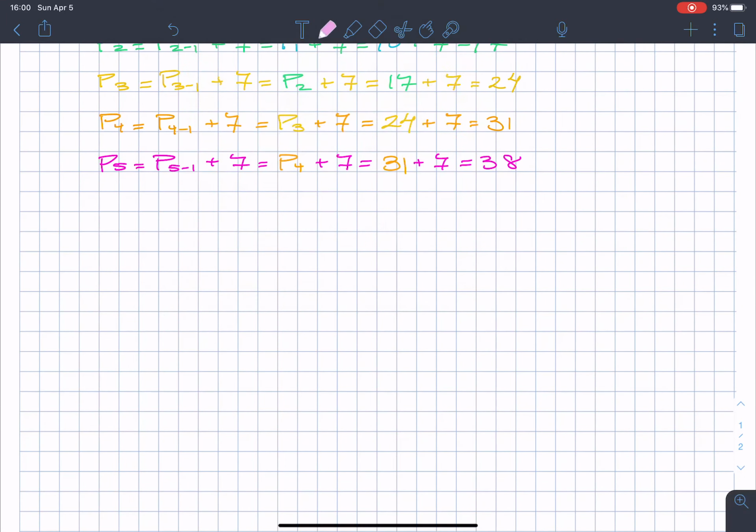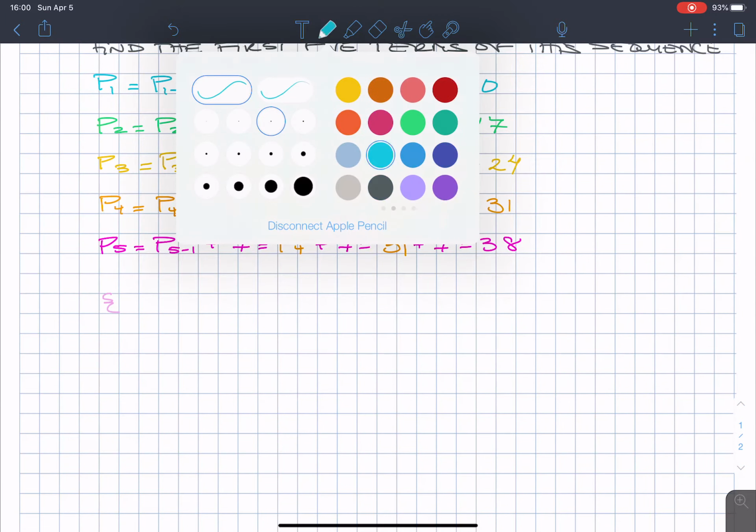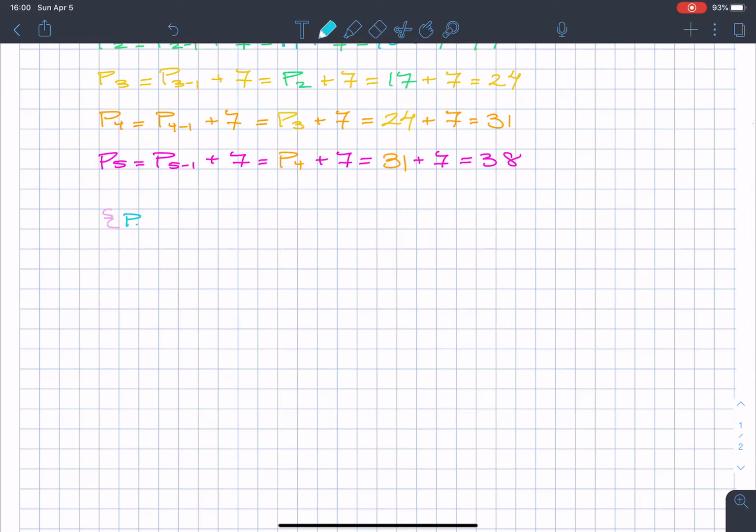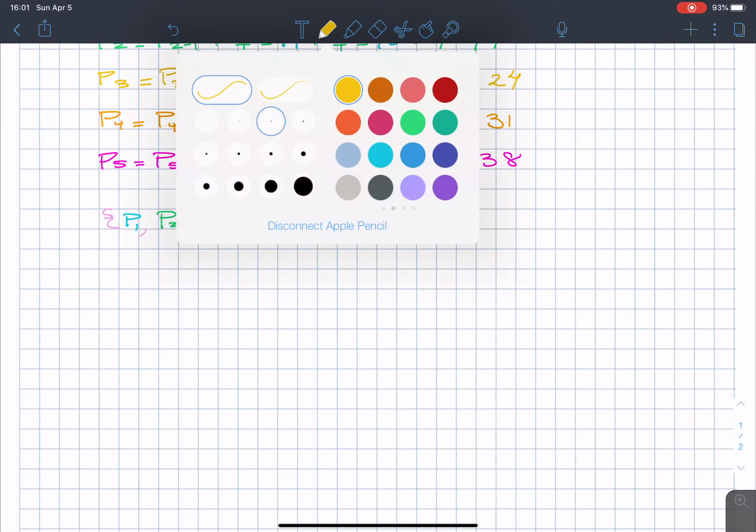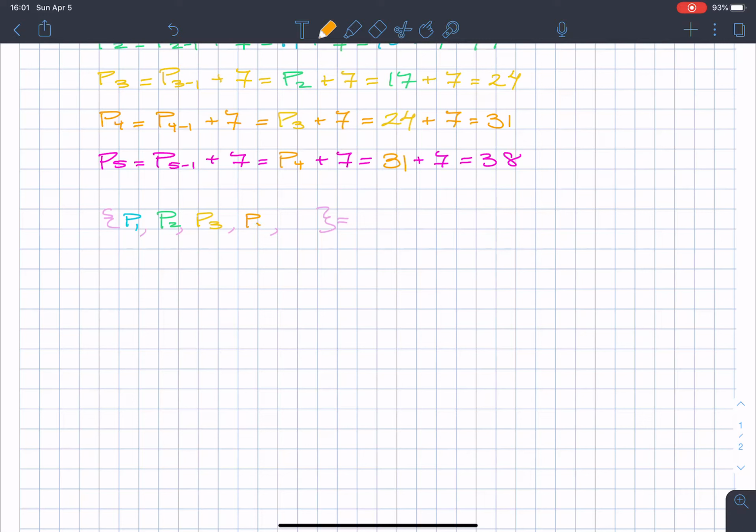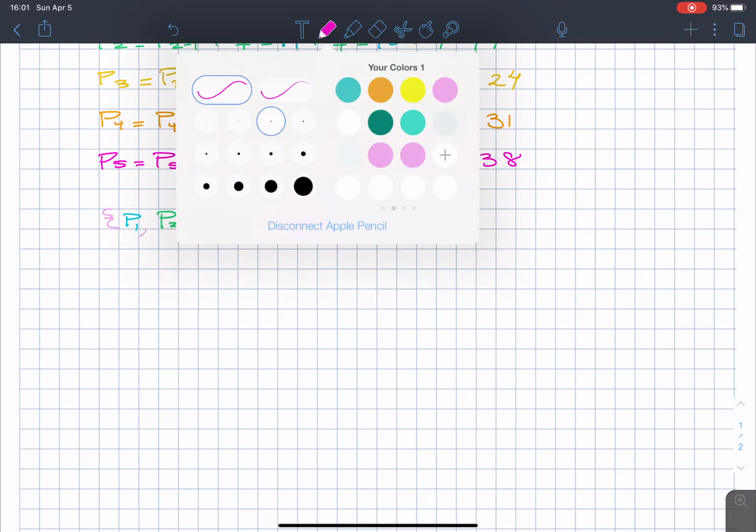What color shall I do it? Pink. Okay, so the sequence we have here, P1, P2, P3, P4, and P5 constitute the set.